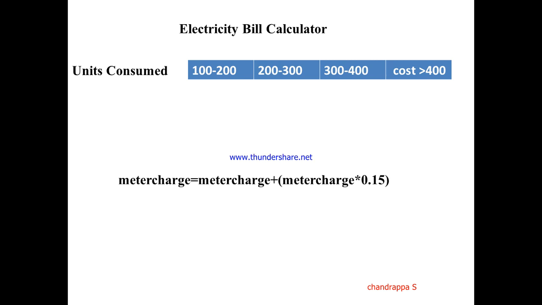At the end, check the meter charge. If meter charge is greater than 400 Rs, add an additional 50% charge, that is given by meter charge equal to old meter charge plus additional charge, which is calculated by meter charge into 0.15.